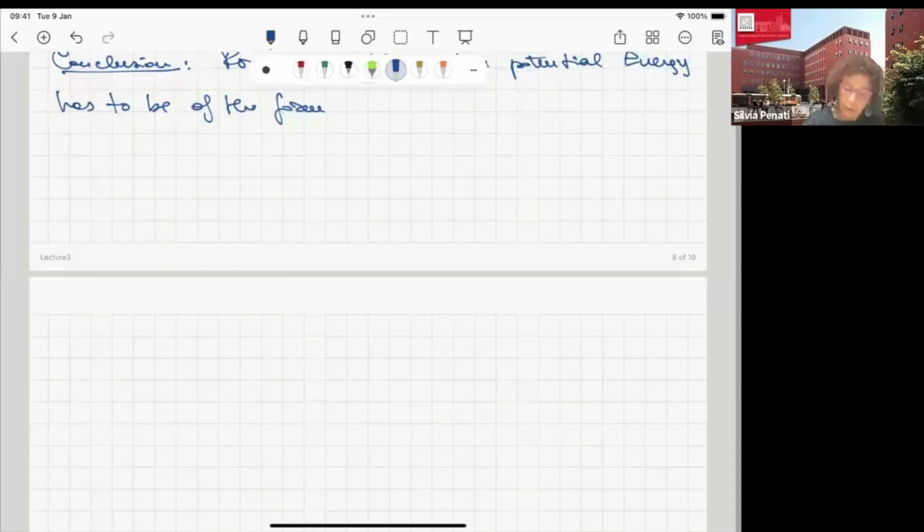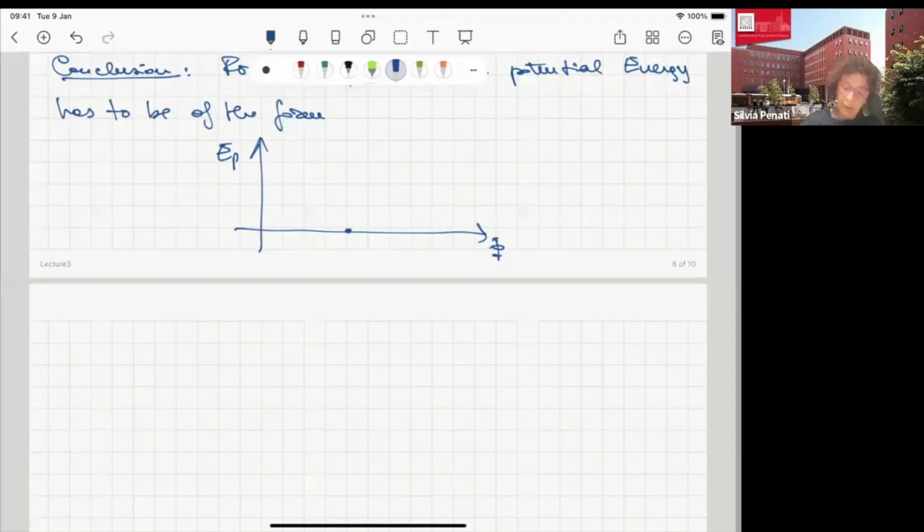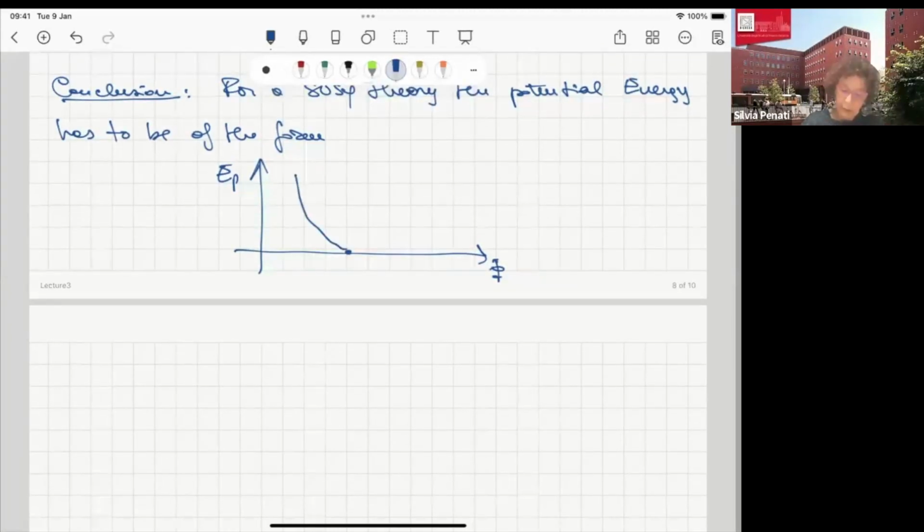Let me simply draw the behavior. If we plot the potential energy as a function of the fields of the theory, of course, the vacuum state where there are no fields will have energy 0, and for any other excited state, you have potential energy positive.